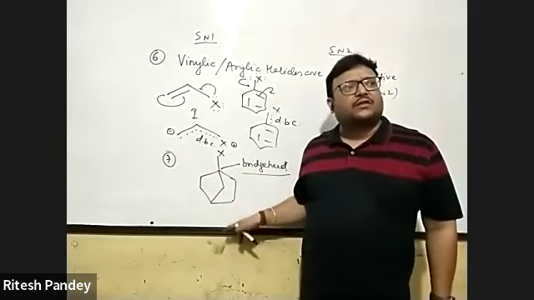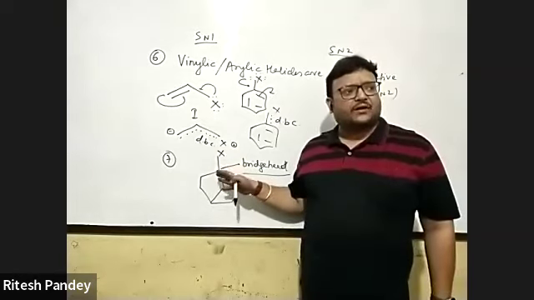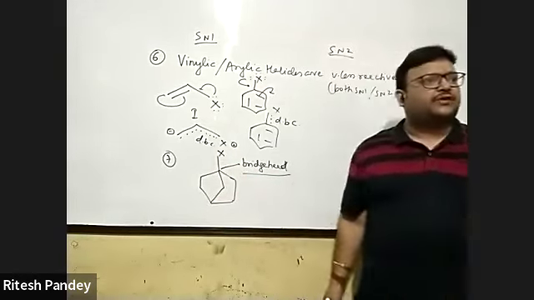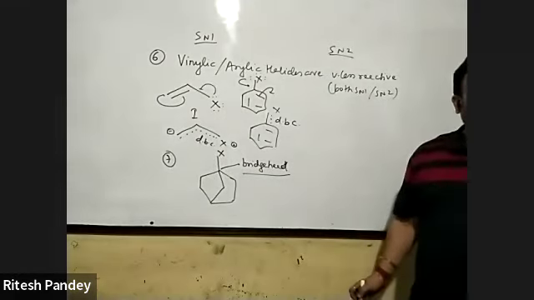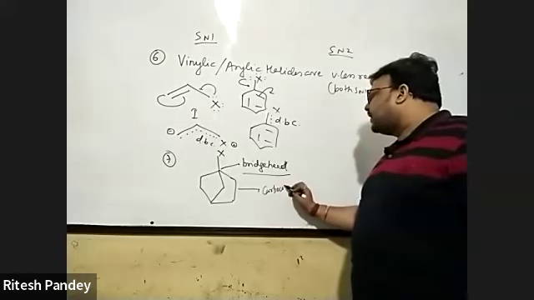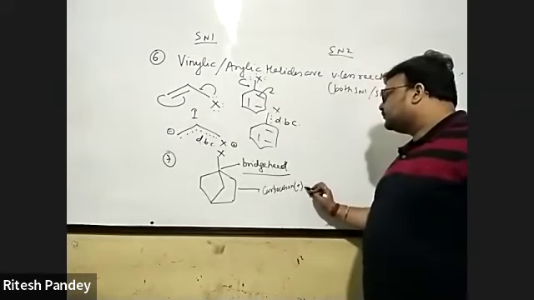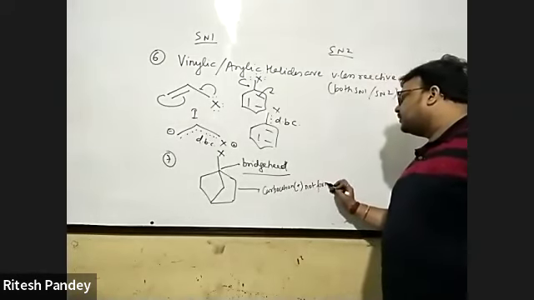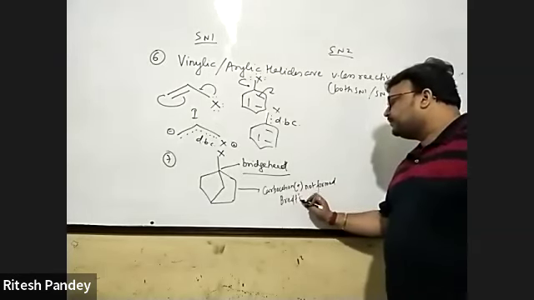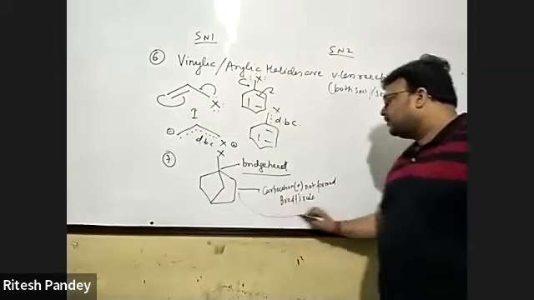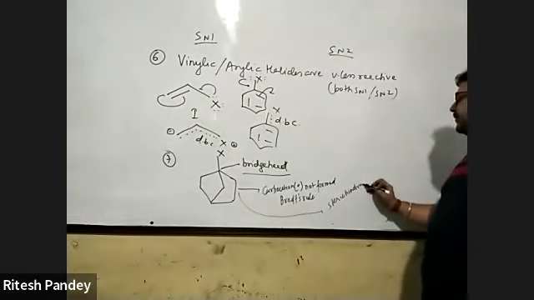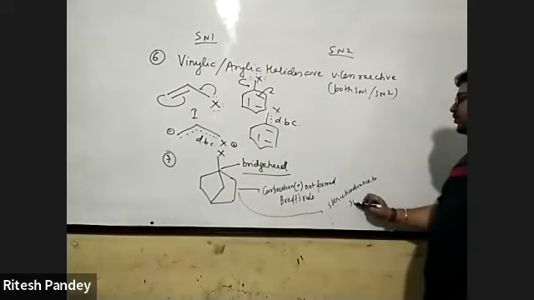Sn2 के लिए दिस वुड गो आउट एंड दिस वुड कम इन द सेम स्टेप। Sn2 में इसका जाना और न्यूक्लियोफाइल का आना एक ही स्टेप में होना चाहिए। यस और नो? तो इसमें कार्बोकेटाइन इज नॉट पॉसिबल, carbocation cannot be formed, which is Bredt's rule, and there will be a steric hindrance to Sn2.